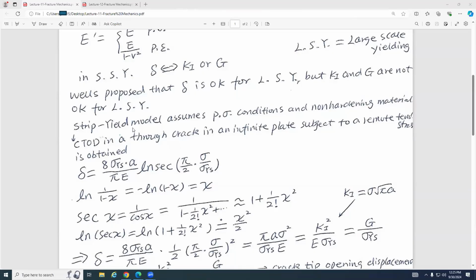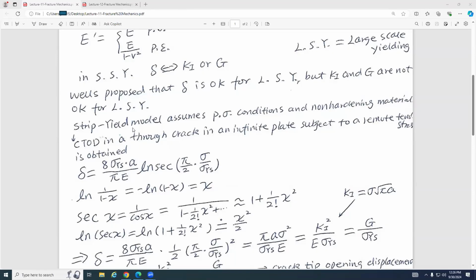So this one equals the log of secant x, which is already given as 1 plus x squared over 2 factorial. And then I use this one: log of 1 minus x equals minus x.